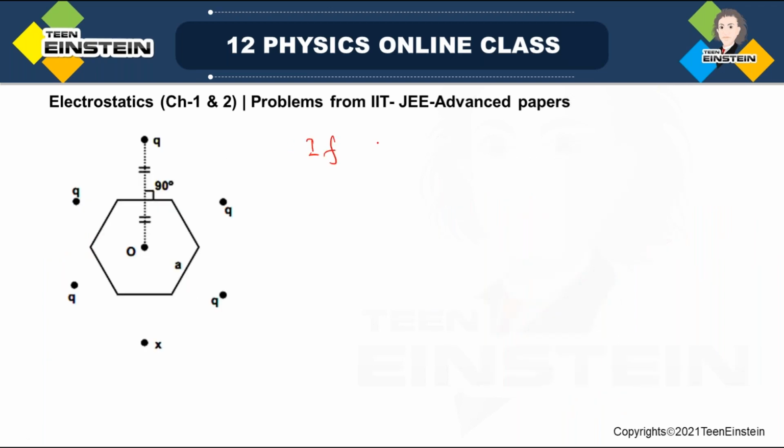So if X is equal to minus Q, then the electric field at O will be obtained.